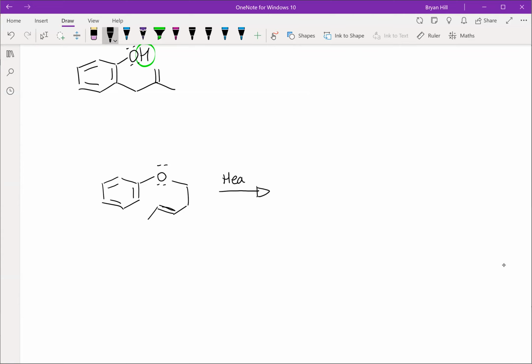Heat. Sometimes the symbol for heat is just a little triangle. And we've got an extra carbon here.